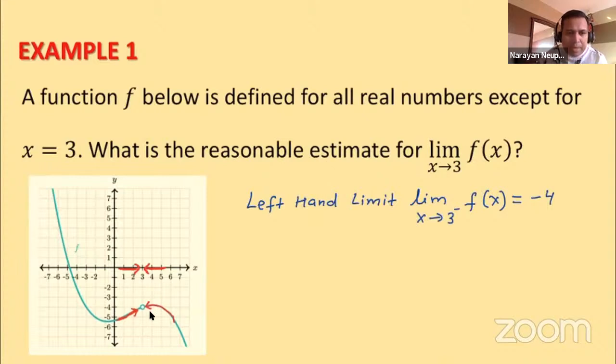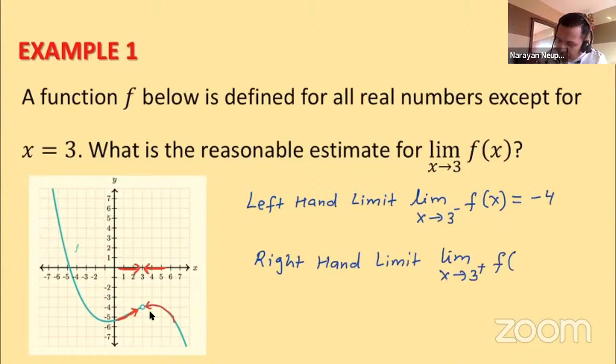That means the right-hand limit is also -4. So let's write that down. Right-hand limit, which is written as the limit as x approaches 3 with a little plus there to indicate that it is coming from the values more than 3, that's from the right. That is also equal to -4.